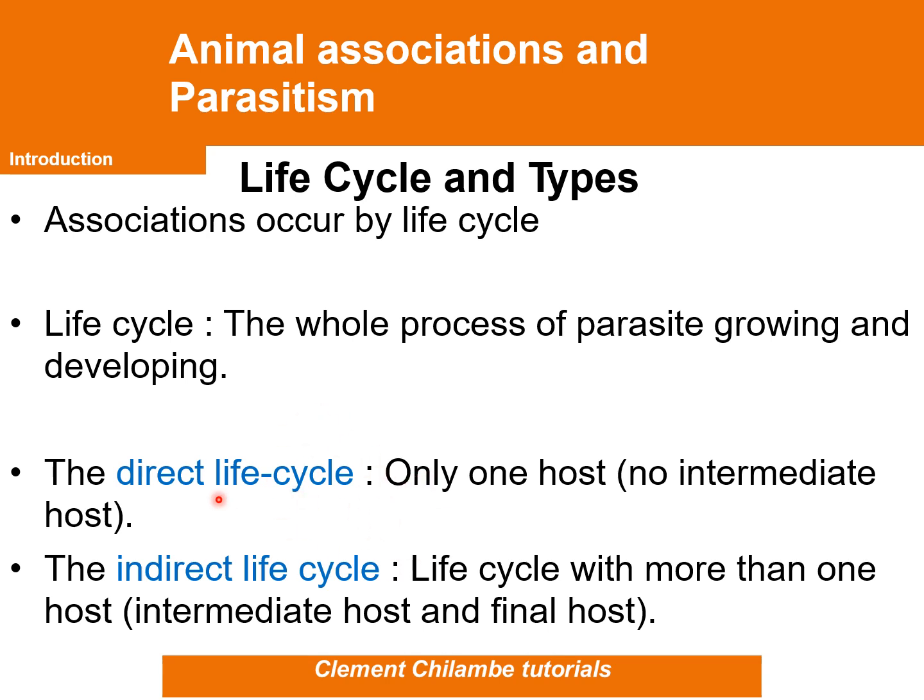An example is Entamoeba histolytica, which requires only a human host to complete its life cycle. Then the indirect life cycle is when a parasite requires 2 or more species of hosts to complete its development. The malaria parasite requires both the human host and the mosquito to complete its life cycle. So we've even given examples here.